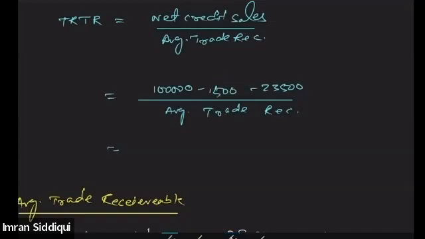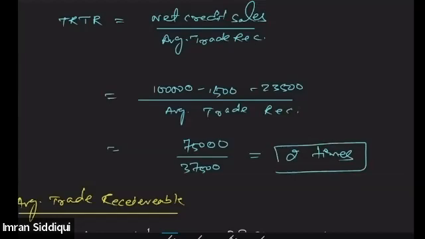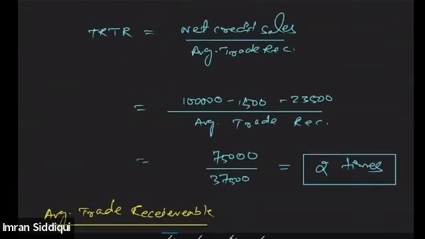So that will be 75,000 divided by the average receivable, which was 37,500. So that will give us 2.